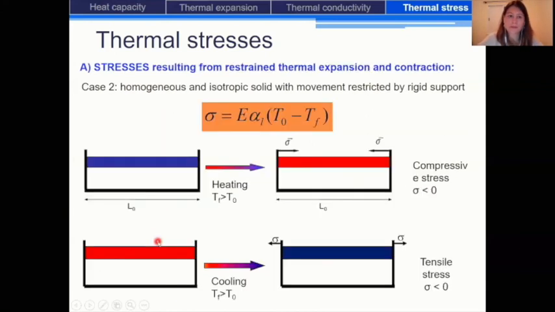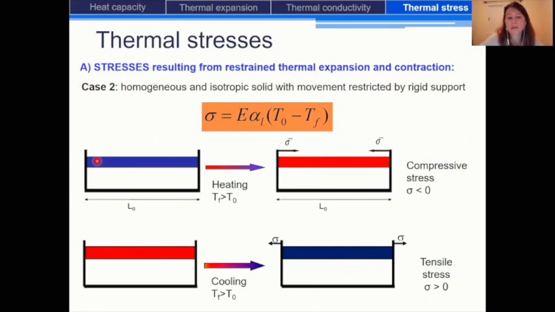Now let's see the kind of stress that is produced if we place this material in a container that is rigid, and so limits the expansion or contraction. Let's consider that the rod of this material is fixed to the walls of this container.